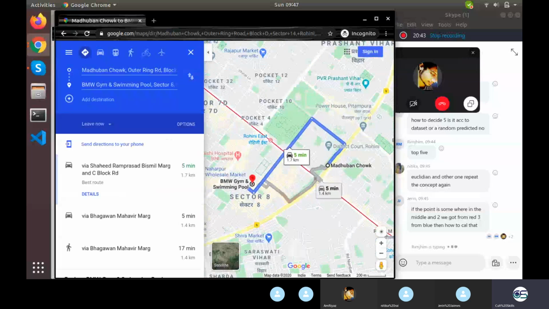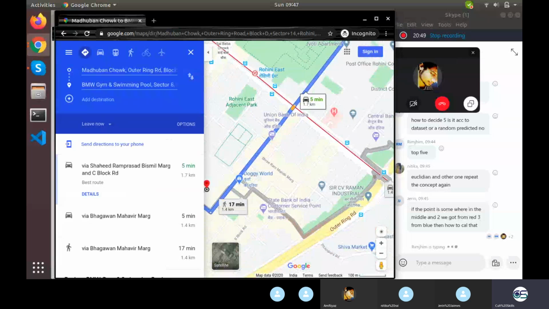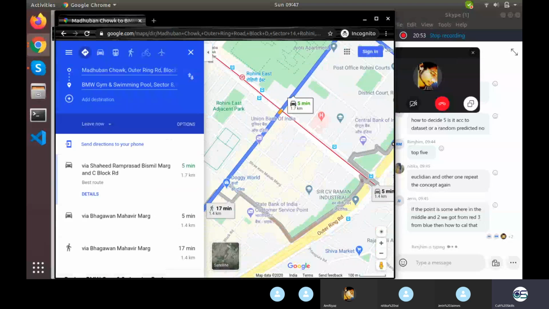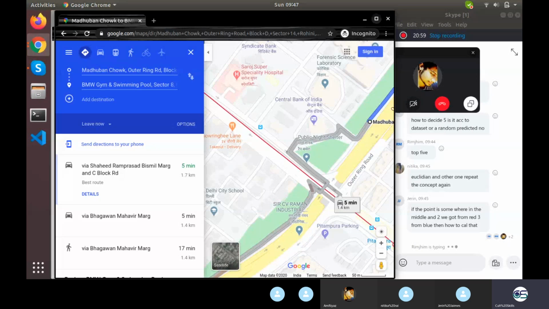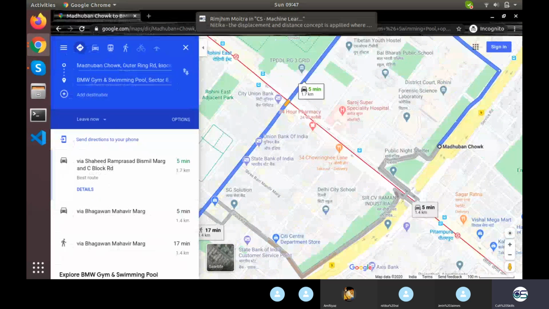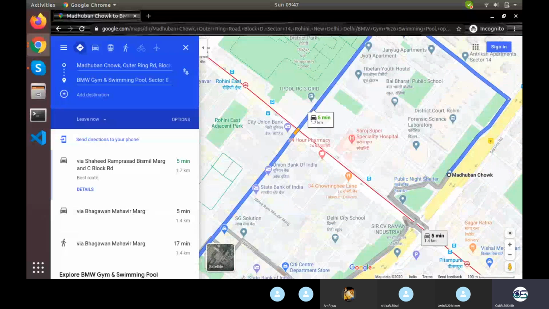Okay, so from this point to this point, you need to travel the orthogonal distance. Like you need to go there and then there and then there.